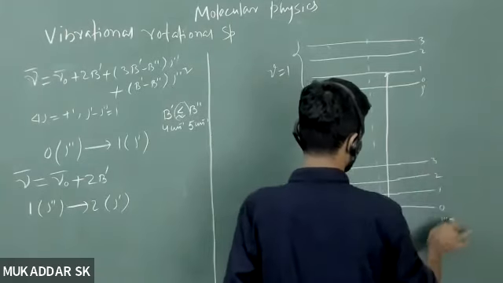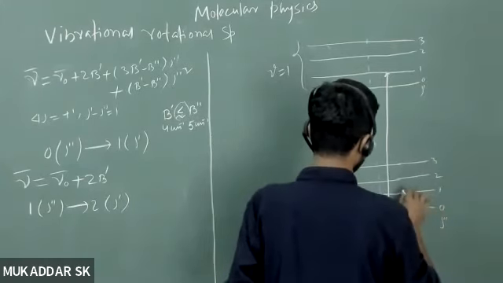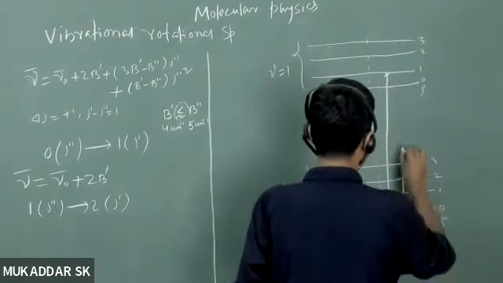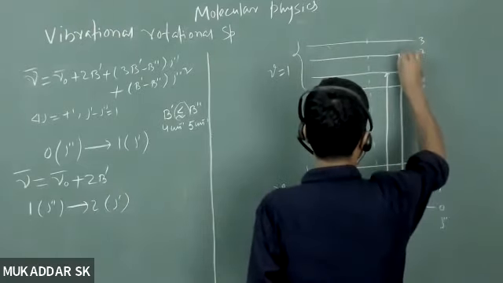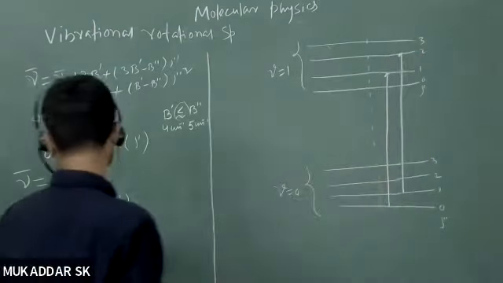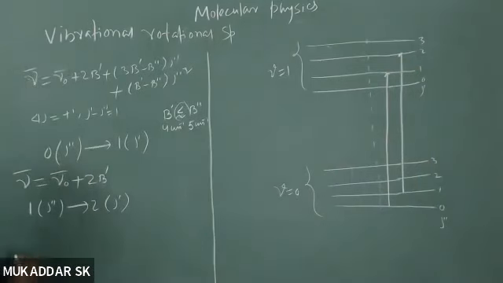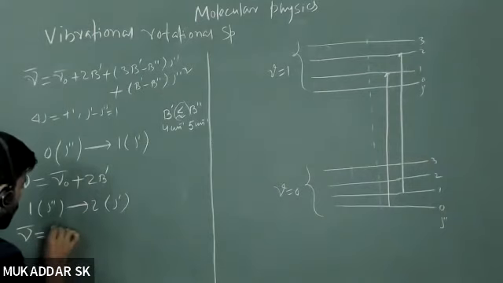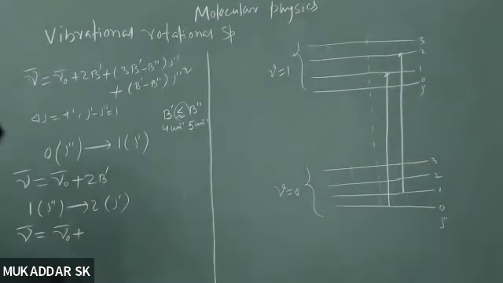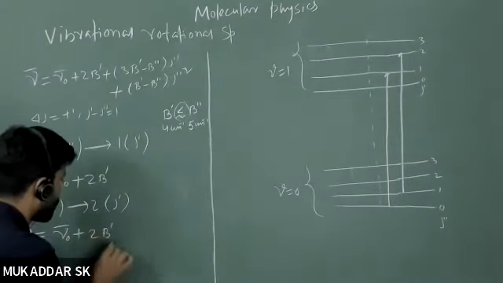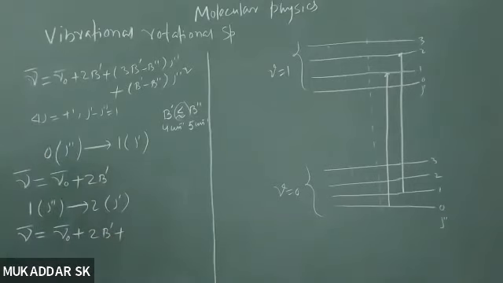So 1 minus 0 equals +1, and the second line will be 1 to 2. So what will that wave number be now? ν̄0 + 2B'. Then what about this factor?